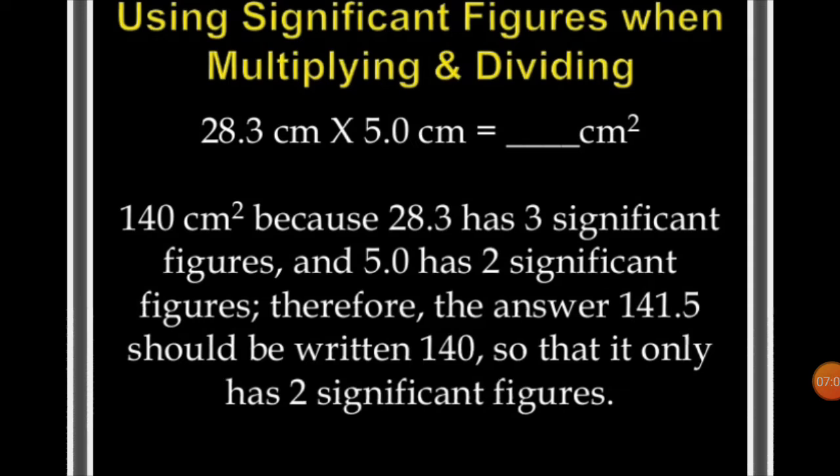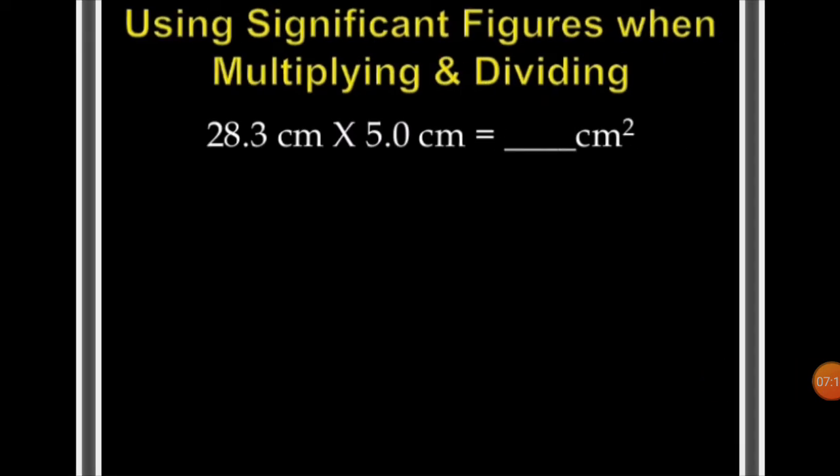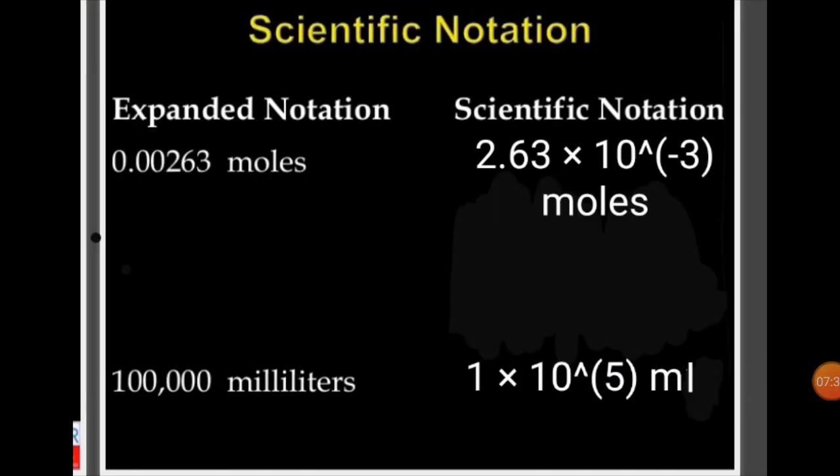But when you report it, according to the rule, write the answer using the same number of significant figures as the least number of significant figures found in the numbers used in the calculation. And the least number is 2. So the answer should be reported to 2 significant figures. So we will report it as 140, and you see that in 140 there are only 2 significant figures.